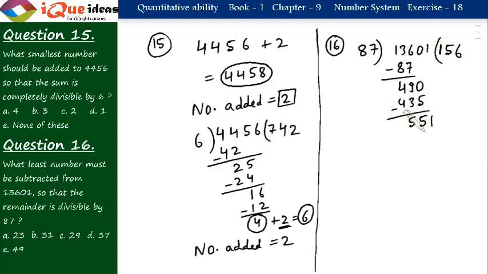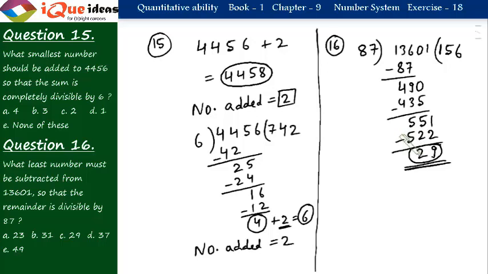So now take it 6 times. 6 sevens are 42. 4 carry forward, 6 eights are 48 and 4 is 52. So 522. If you subtract, you get 11 minus 2 is 9 and 4 minus 2 is 2. So 29 is the remainder. So what do we need to subtract from 13601? We need to subtract this 29 itself, right?